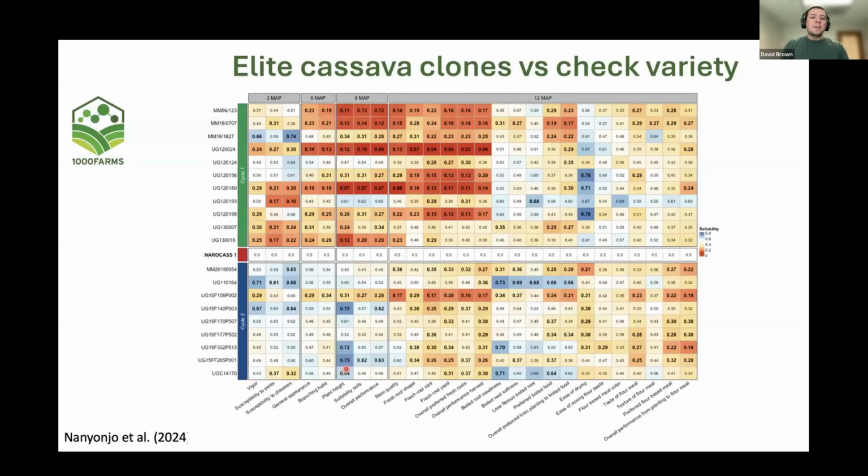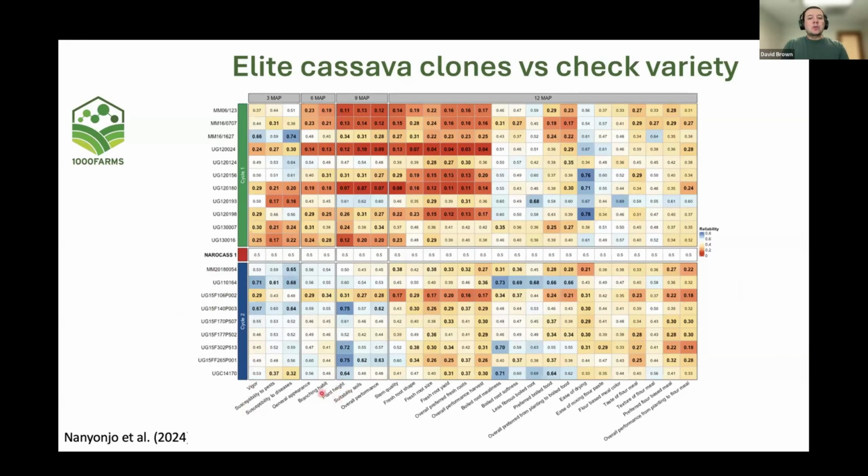Numbers or cells in a more bluish background mean higher reliability. More reddish colors mean lower reliability. And numbers in bold mean that that specific variety is statistically different to the check variety in terms of the reliability for that particular trait.